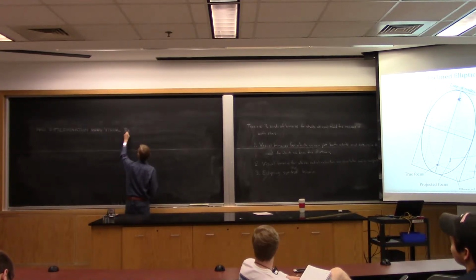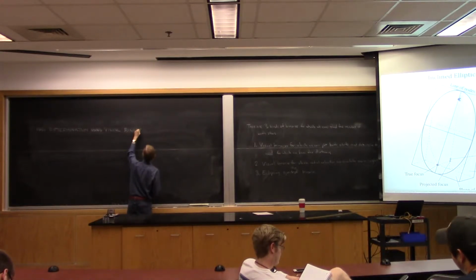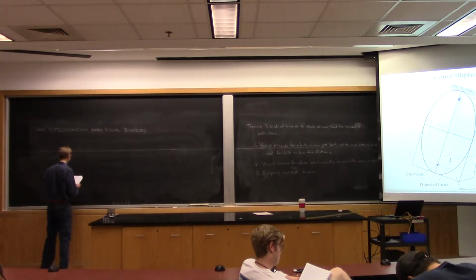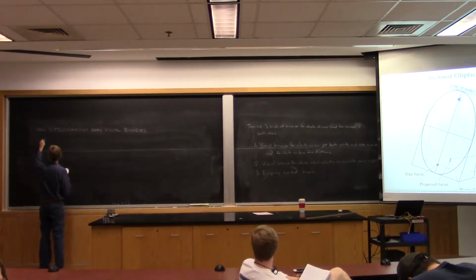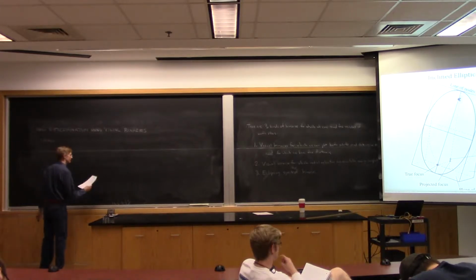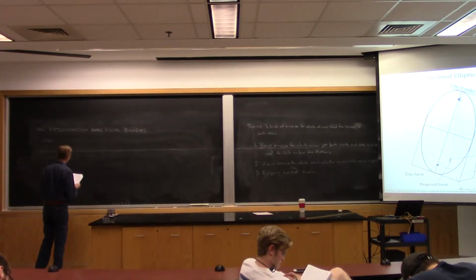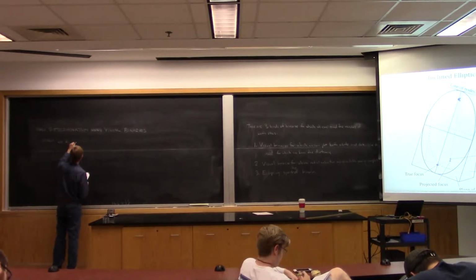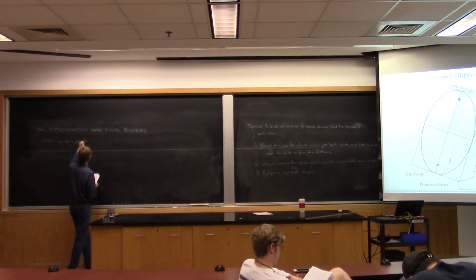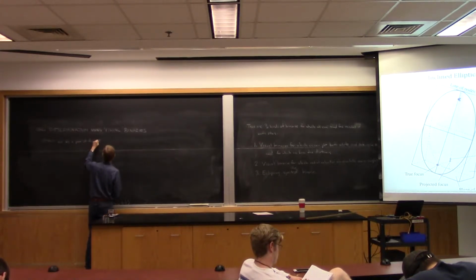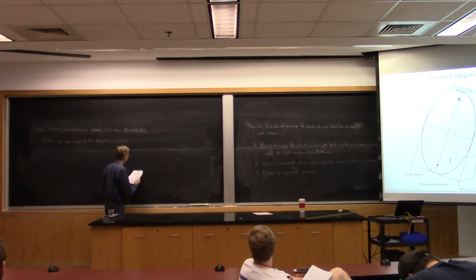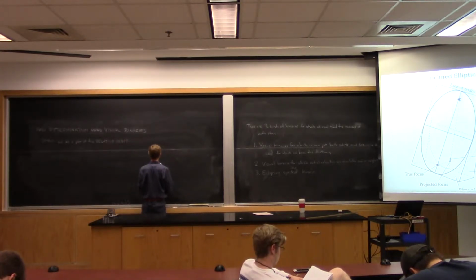Mass determination using visual binaries. Just as I showed you at the beginning, often we see a plot of the relative orbit of the two stars, or in other words, the orbit of one star relative to the other.